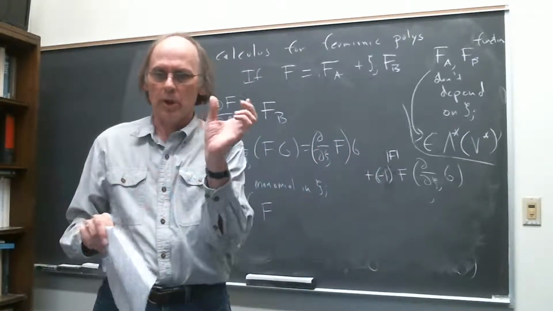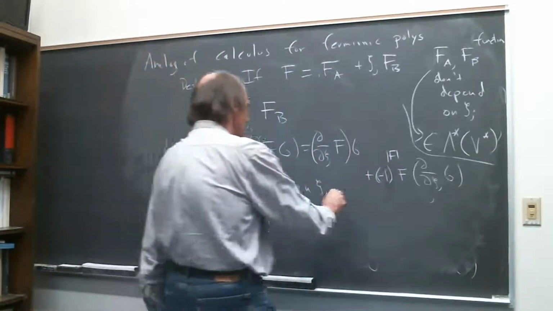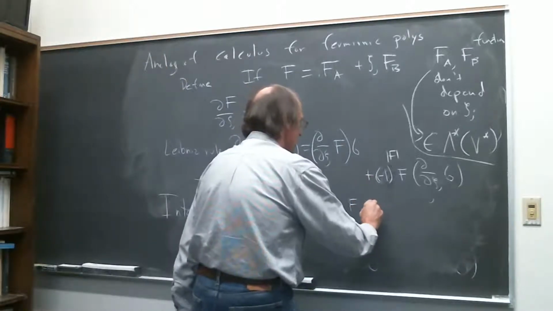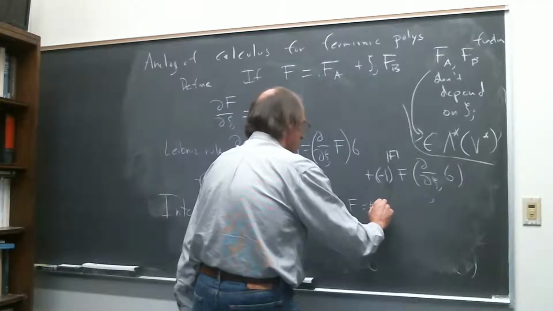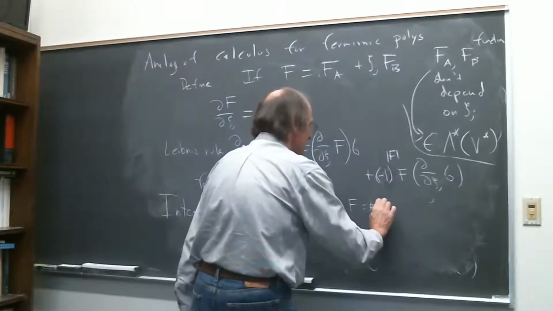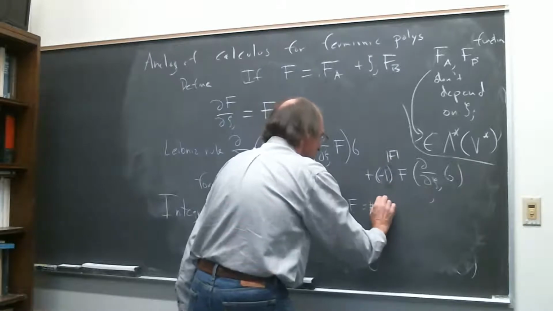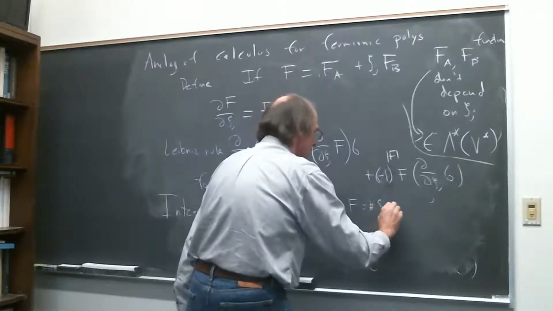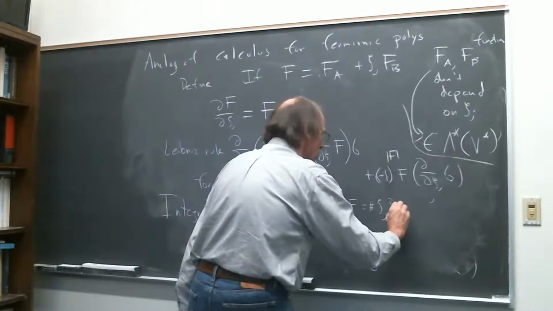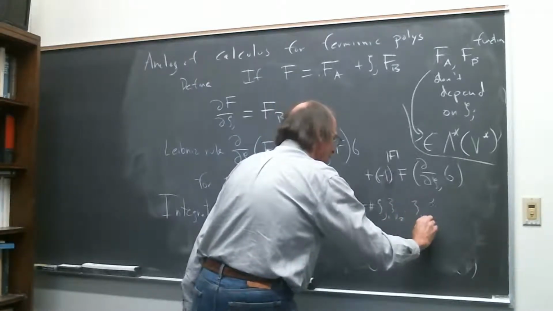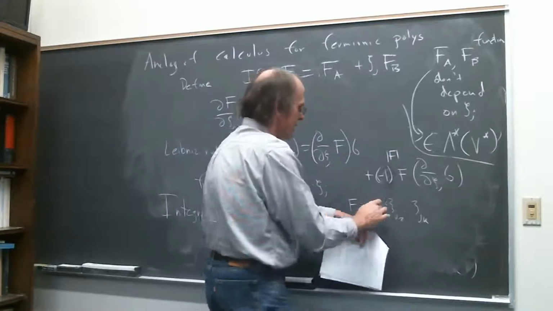By monomial I just mean that f is some number times psi j1, psi j2 up to psi jk.